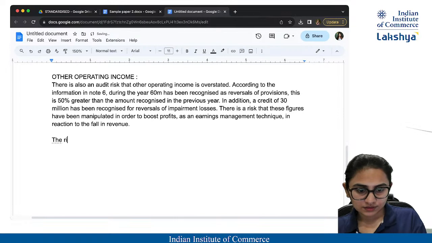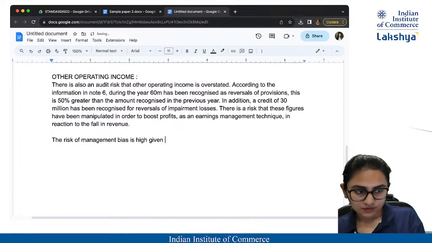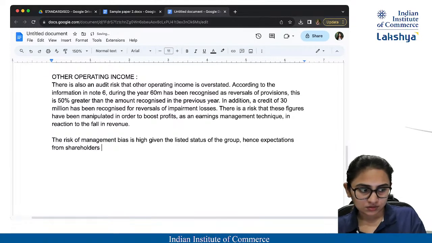Then the risk of management bias is high given the listed status of the group, with expectations from shareholders for a positive group trend.